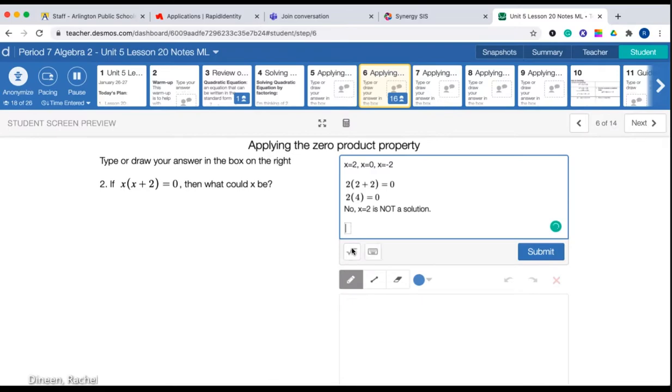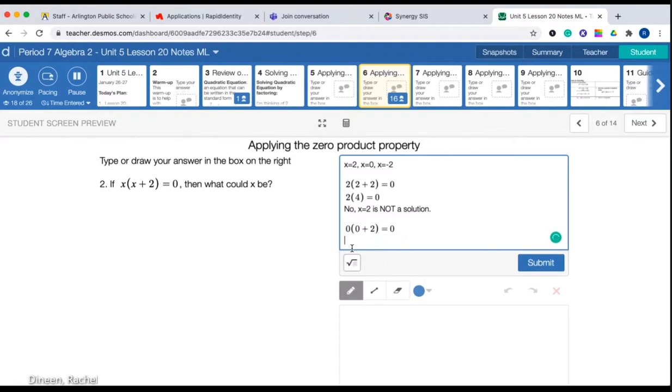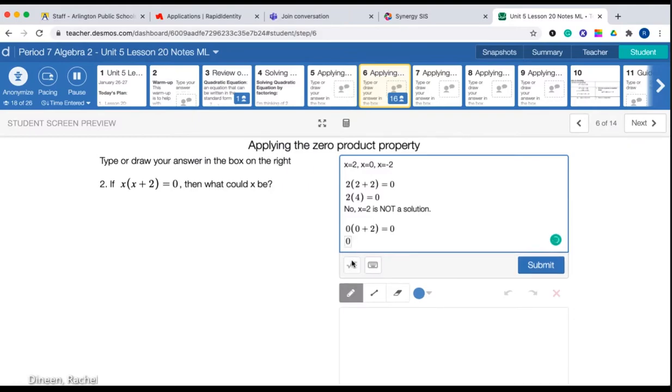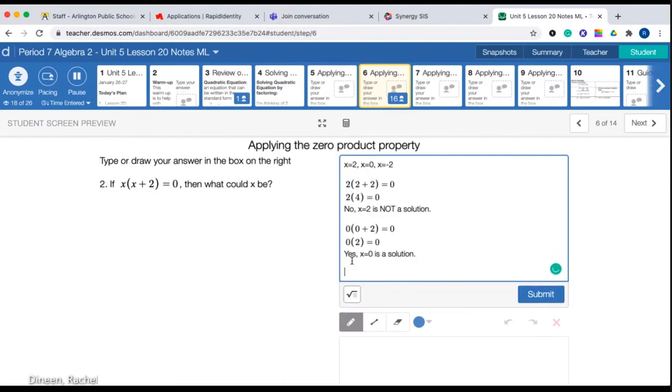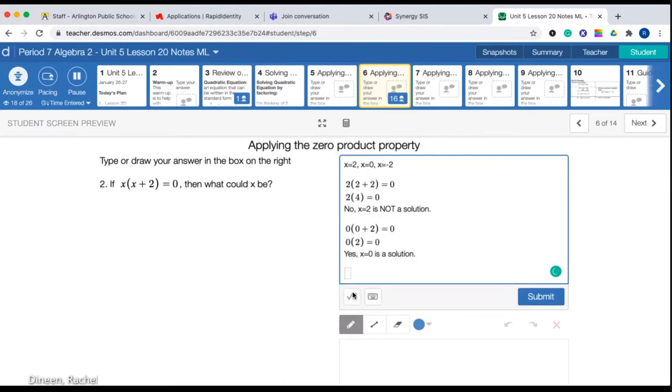Let's try x equals 0. Everywhere I see x, I put a 0. 0 times 0 plus 2 equals 0. So 0 times 2 is 0. Anything times 0 is 0, so yes, x equals 0 is a solution. Let's look at the last one, negative 2. Negative 2 times negative 2 plus 2 equals 0.